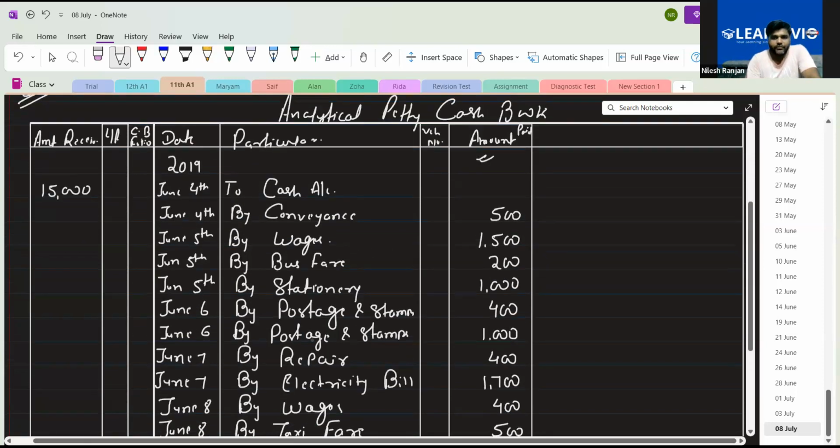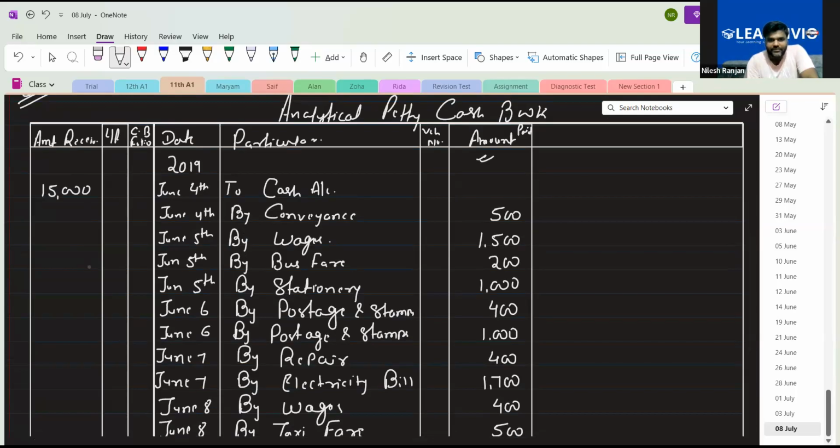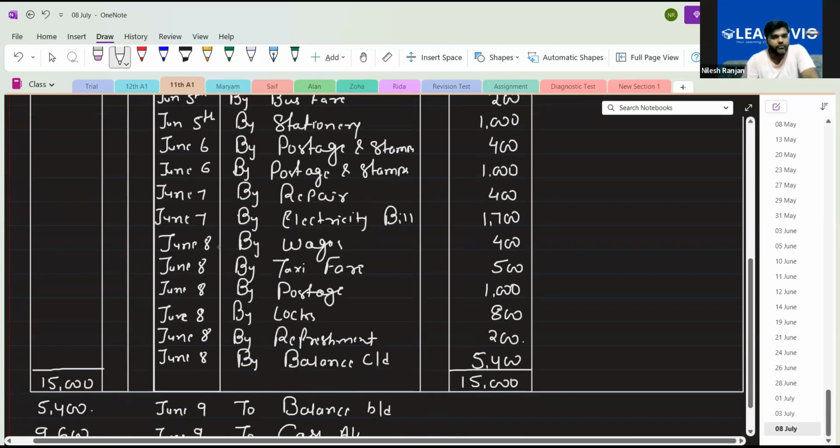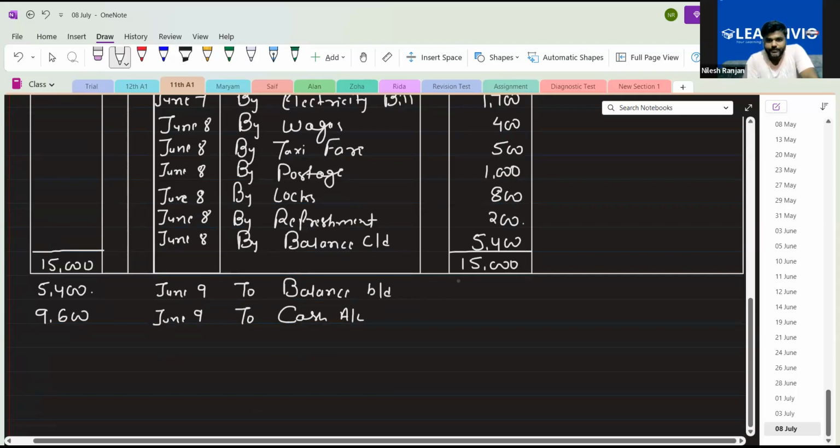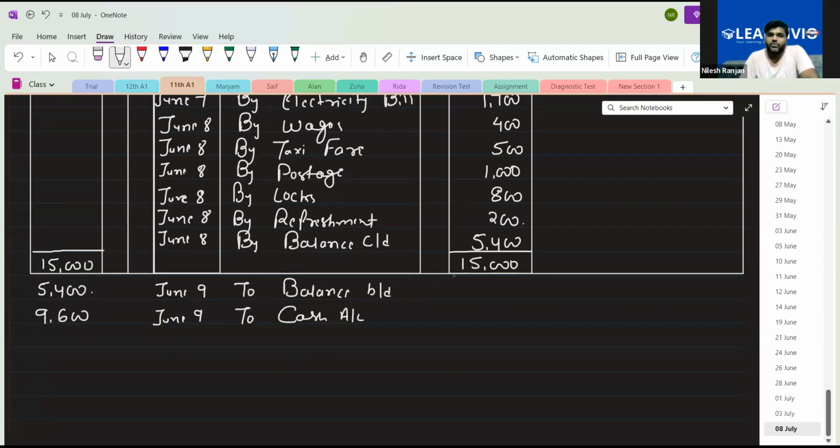I told you that we will calculate the total on the amount paid side and the amount received side, as we have done in the ledger. So we will calculate the amounts, and whichever is higher will be written in the total column. The higher total will be written on both sides. And from that higher total, we will deduct the lower total. The remaining balance will be written there on the lower side.